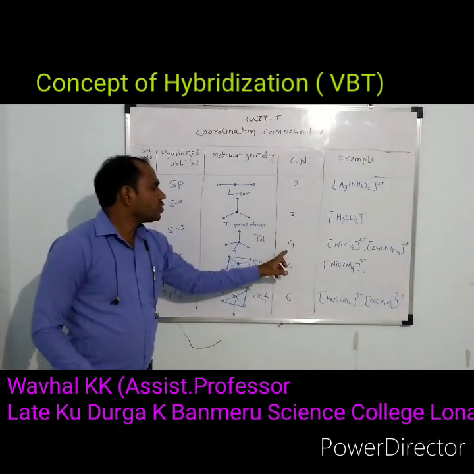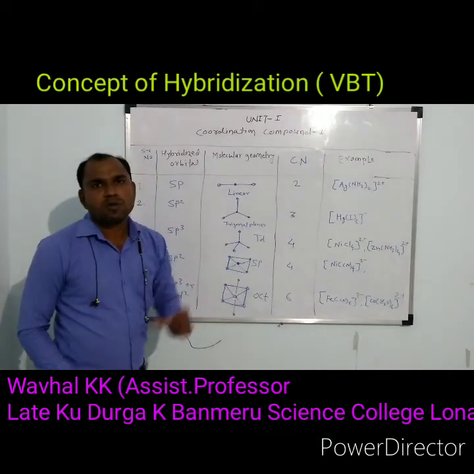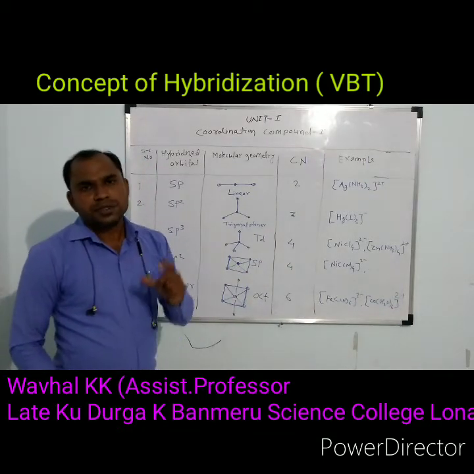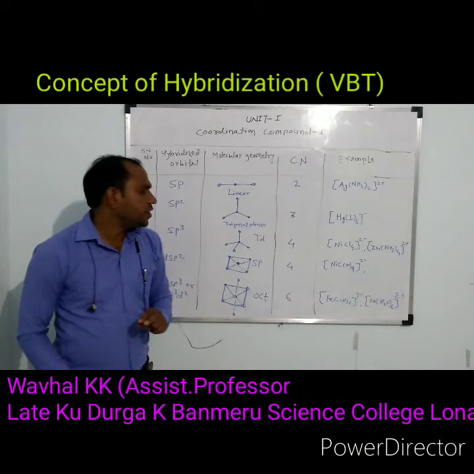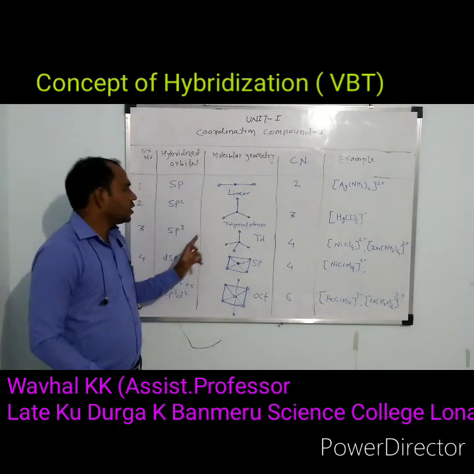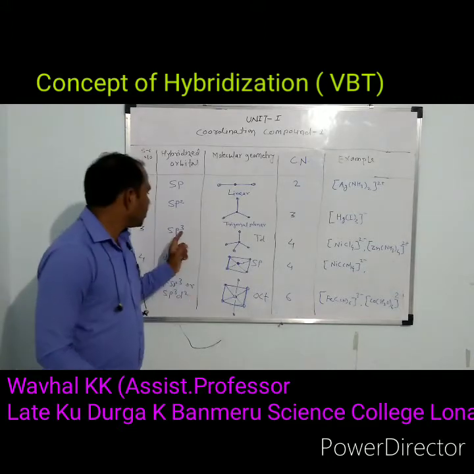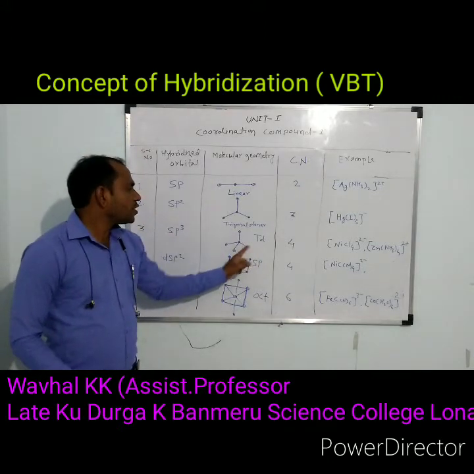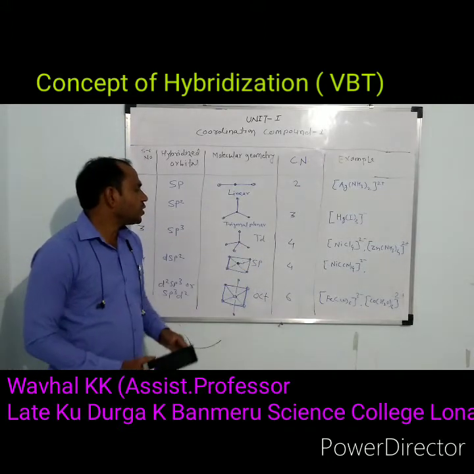When the coordination number of the complex is 4, there is a possibility of two hybridizations, that is sp3 or dsp2. If the molecule has sp3 hybridization, then the geometry acquired is tetrahedral.